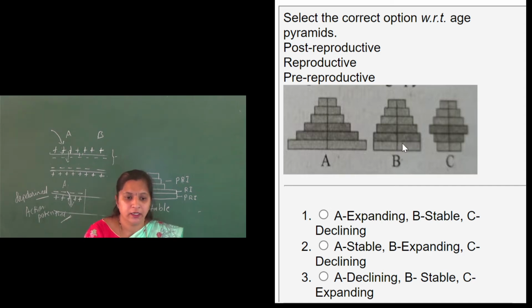So there is no increase or decrease in the population size. The growth is almost zero here. So B is representing a stable population.